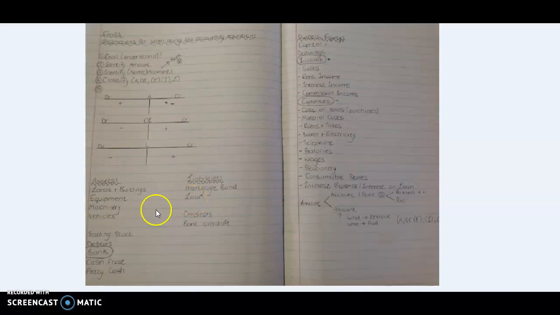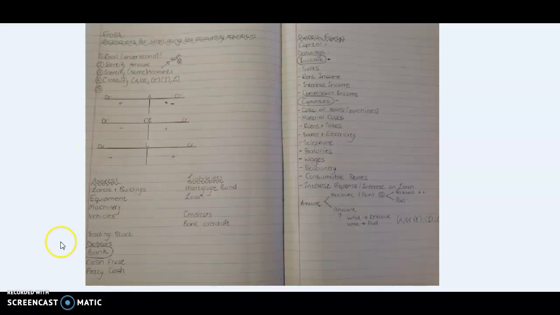So we look here at what assets are. This is the same things we just discussed. Assets are lands and buildings that you own. It can be equipment, machinery, vehicles, trading stock, debtors, the money in your bank, the cash float, and the petty cash.